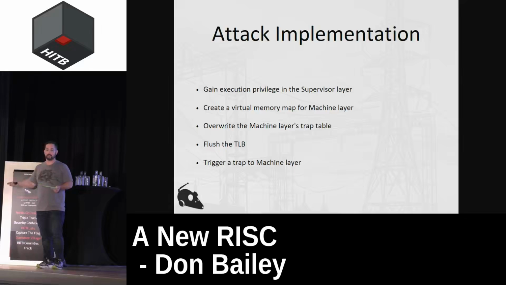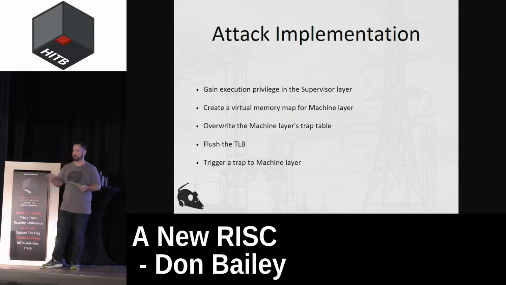So now I have governance over every single piece of code executed in the machine layer. I may not be able to touch those registers directly, but I can alter every bit of code that's executed at the machine privilege layer. And that essentially allows me to break out of the supervisor layer and into the machine layer.